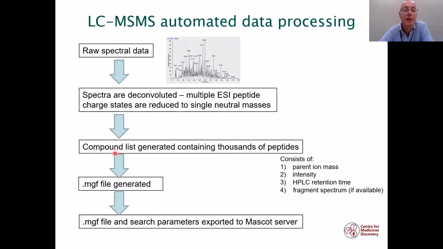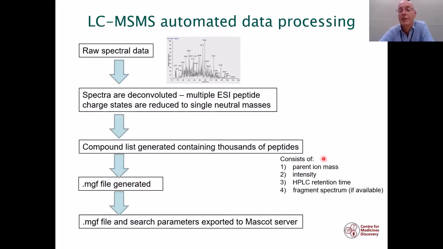We then need to generate a compound list, and that will contain thousands of peptides in the typical analysis. From that compound list, we need to generate an Mgf file. Mgf stands for Mascot generic format, and this is a file format which is necessary for database searching.